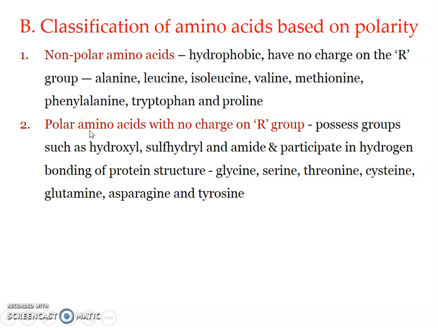It can form hydrogen bonds with other molecules. They possess groups like hydroxyl, sulfhydryl SH, and amide NH, and participate in hydrogen bonding. It includes glycine, serine, threonine, cysteine, glutamine, asparagine, tyrosine, etc.